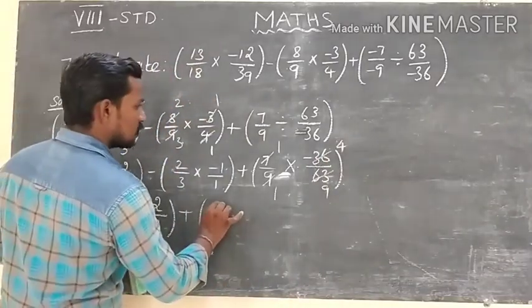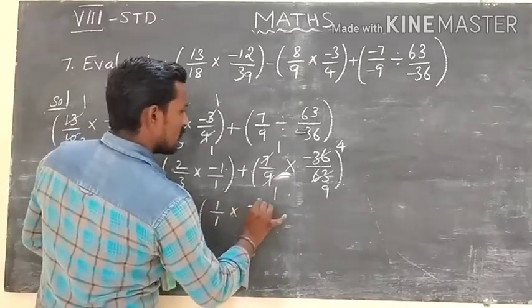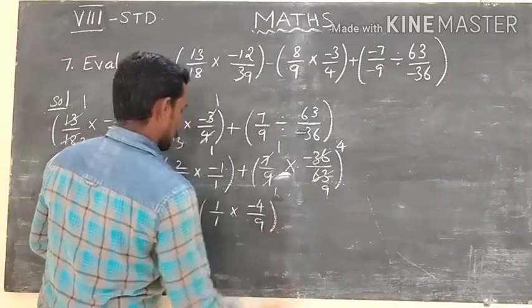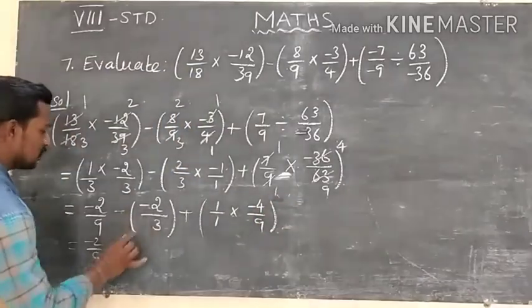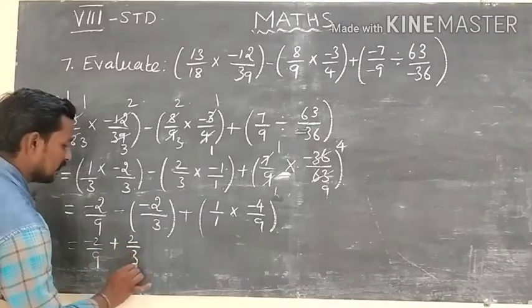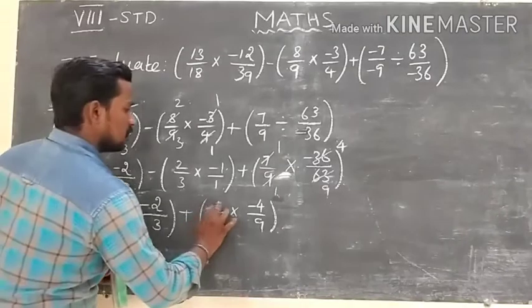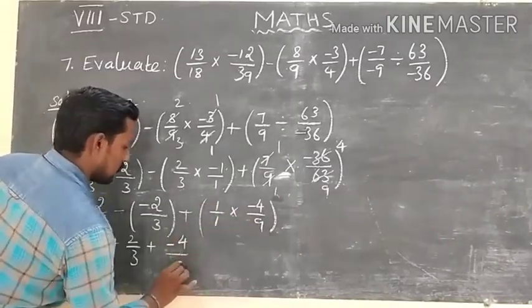Okay, so the remaining terms are 1 by 1 into minus 4 by 9. Okay, that's all. So it is equal to minus 2 by 9 minus into minus plus 2 by 3. Okay, plus into minus, minus 1 4s are 4 divided by 1 9s are 9.